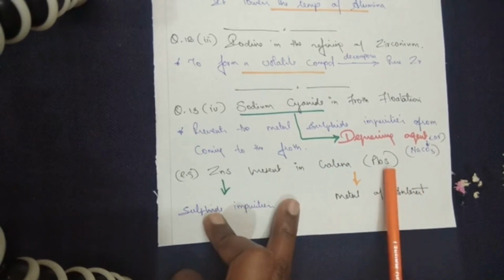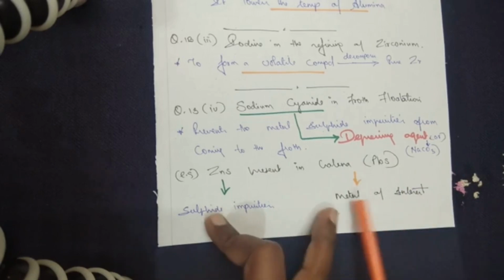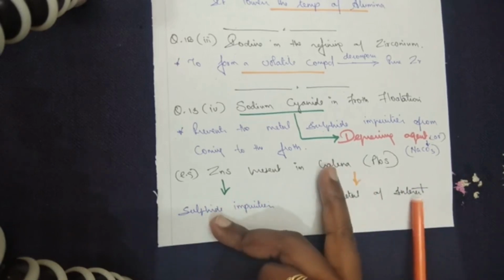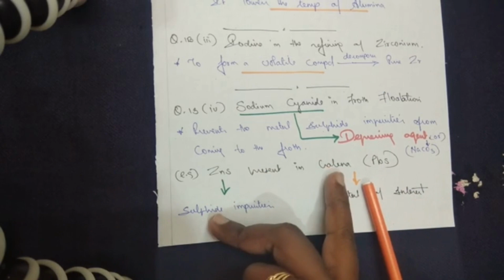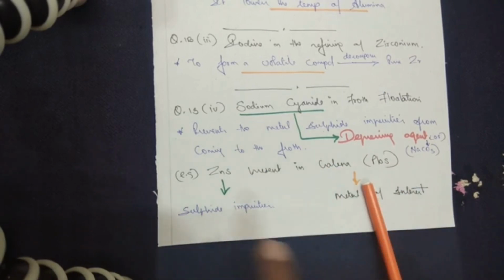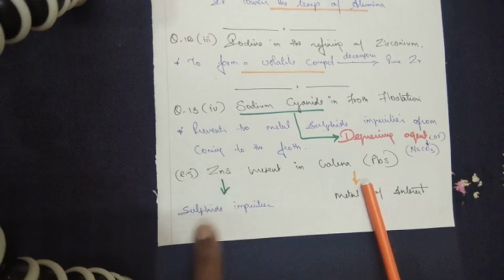Now here my metal of interest is lead. Sulfide impurities are given to me here. Sometimes in the ore of galena, I will also find zinc blende sulfide impurities.